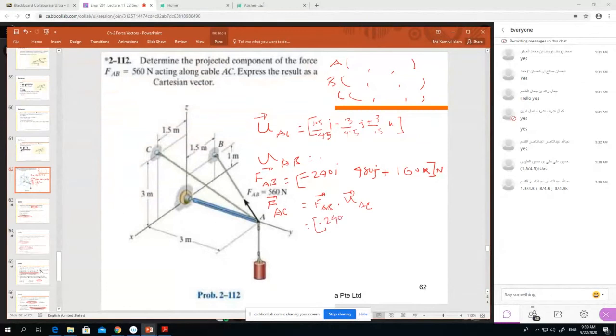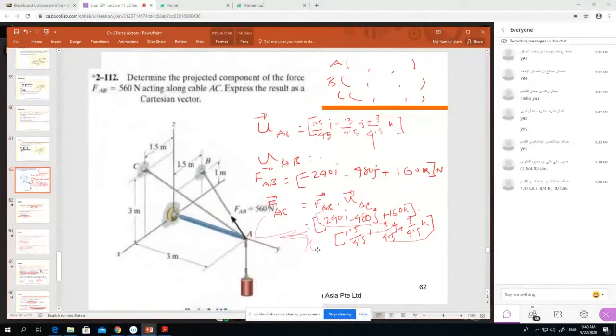Yesterday we found FAB is minus 240 i, minus 480 j, plus 160 k, dot UAC, and UAC is 1.5 by 4.5 i minus 3 by 4.5 j plus 3 by 4.5 k. Right? Now you multiply it.